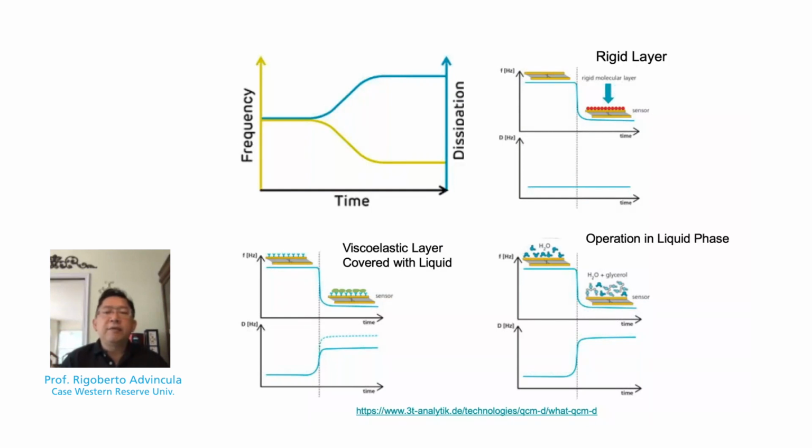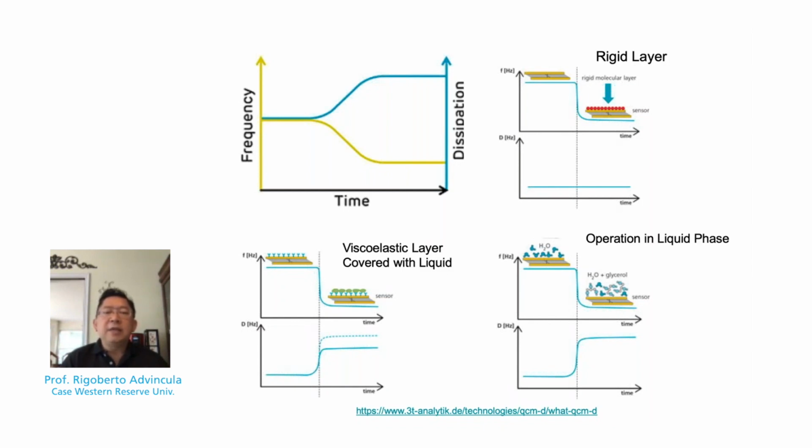On the other hand, if you have molecules that are deposited on a viscoelastic media or liquid media, simply put, this dissipation will be observed and measured as well, and that represents the change in or monitoring with the shadow of the circuit.